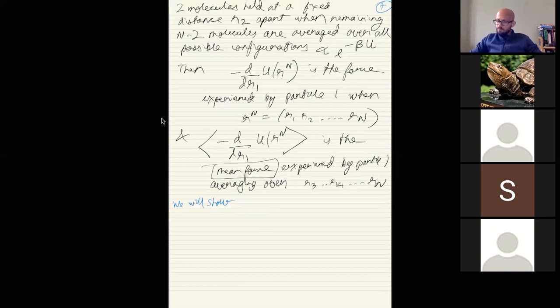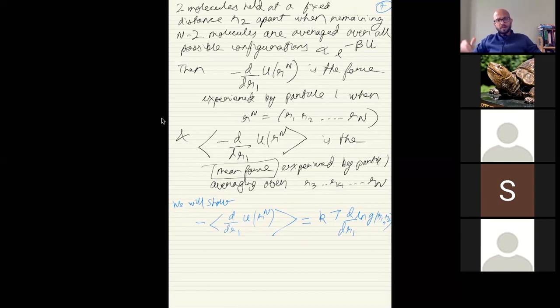So what we will show next time is that this average value of d by dr1 of u of Rn is given by kT multiplied by d by dr1 of log of g(r1, r2).